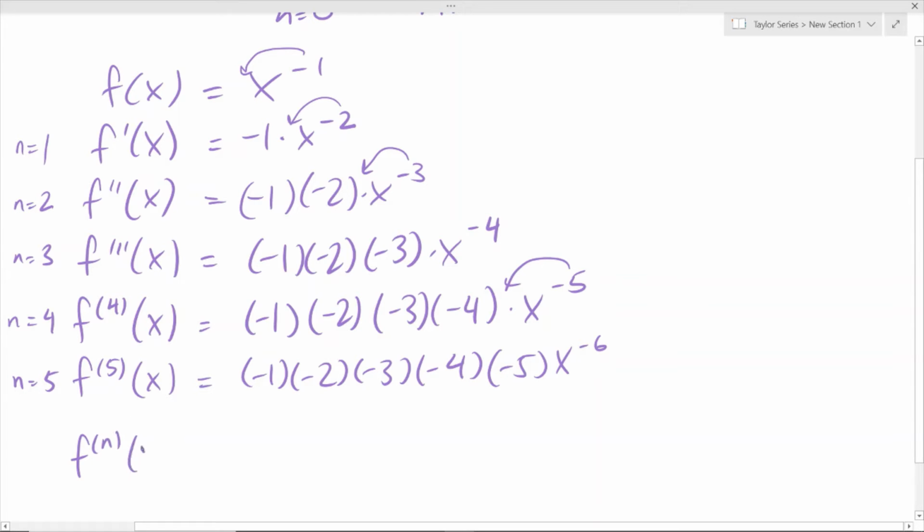the nth derivative, right? We look at it and we see, okay, well, let's simplify this first. So let's rewrite this as -1 over x squared, right? Negative exponent, just going to go to the denominator.